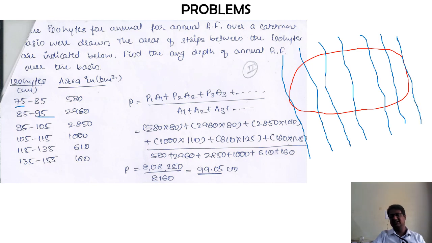So each of these you can write with the help of the isohyet values which are in the first column.